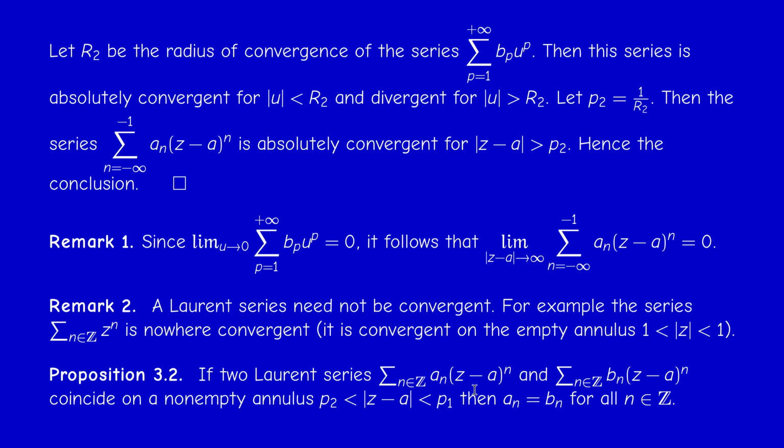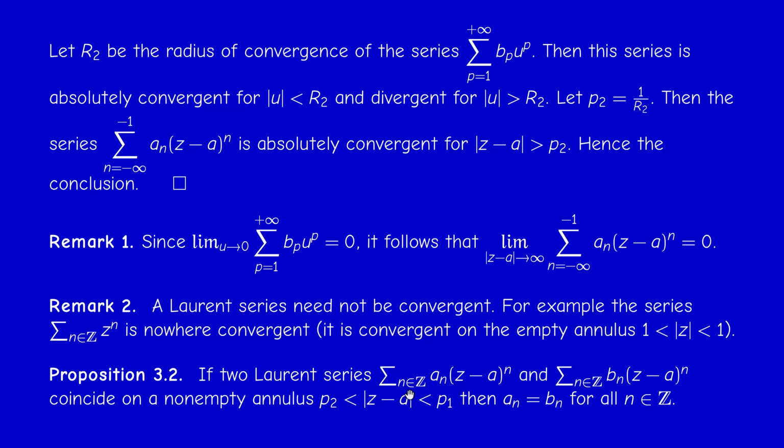If two Laurent series coincide on an annulus, a non-empty annulus, of course, then they have the same coefficients. So for this theorem, you don't need to know about the uniqueness of power series, because the uniqueness of coefficients of power series is a particular case of this result.